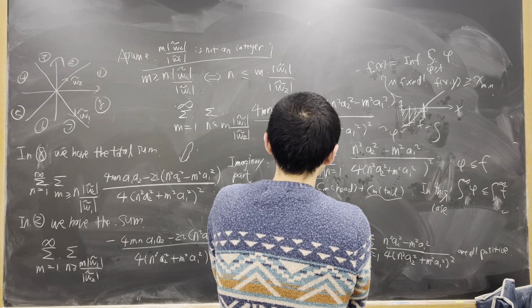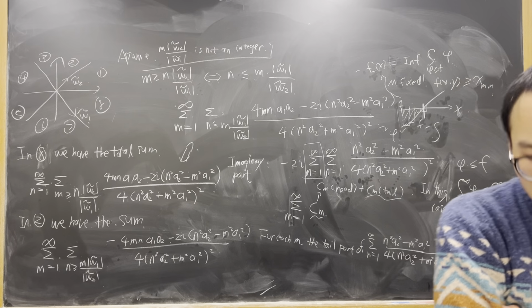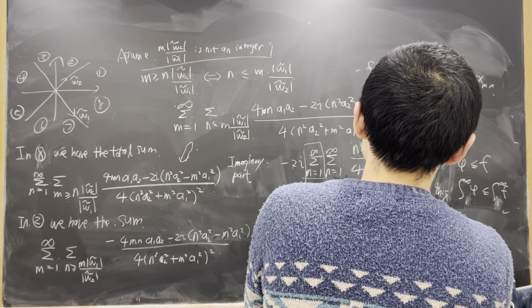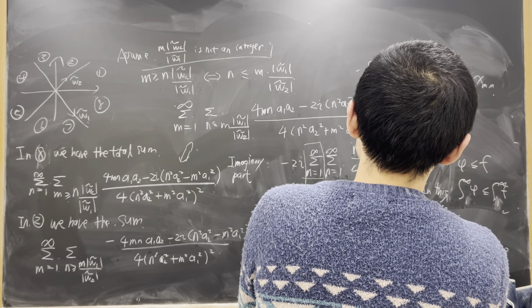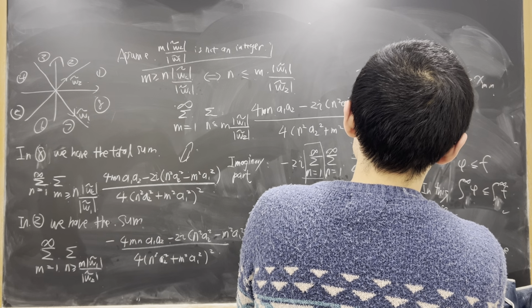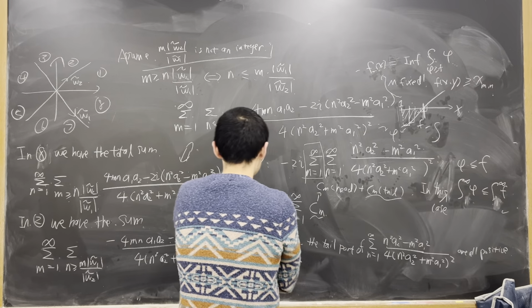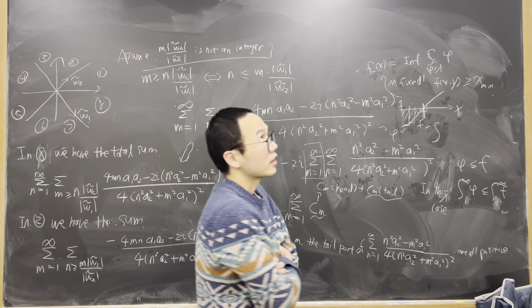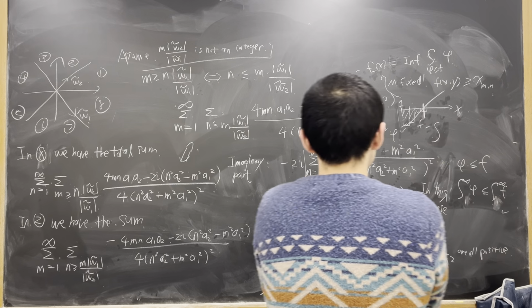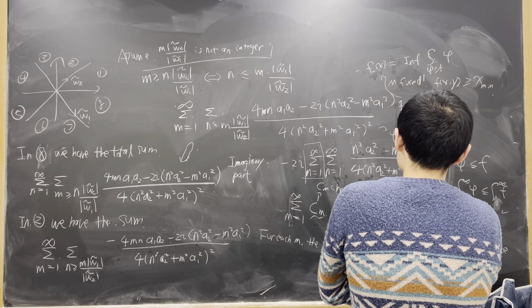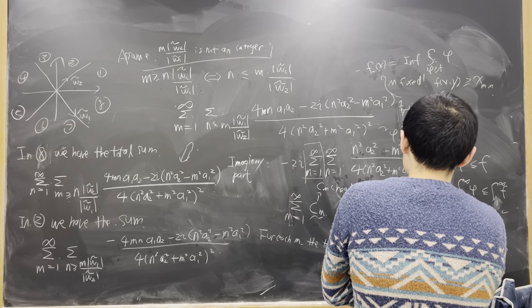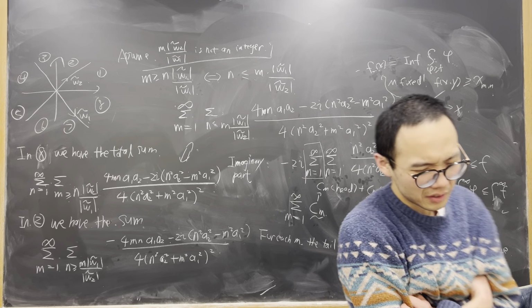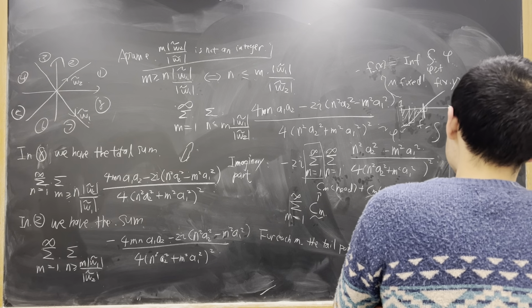If you think of the absolute value of the numerator, the absolute value will be bigger, but the denominator will also be bigger.